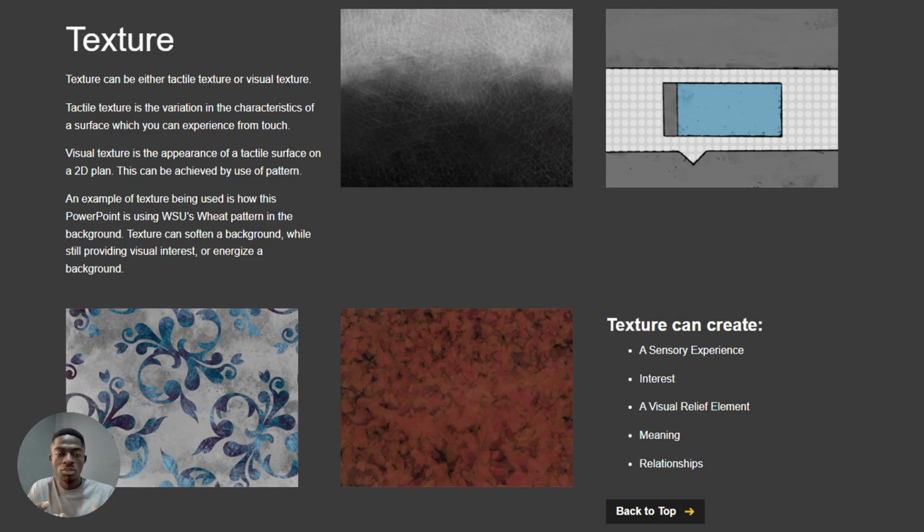Okay, you can also decide to reduce the texture so that you have a soft feel. Wood is grainy, wood is rough. But you can give your illustration a soft feel once you just reduce the opacity.